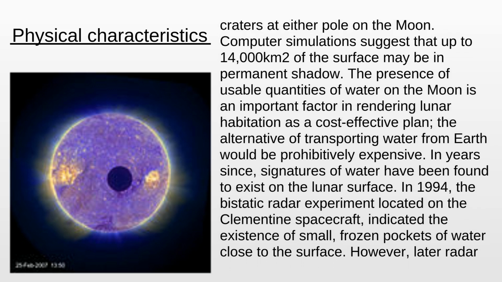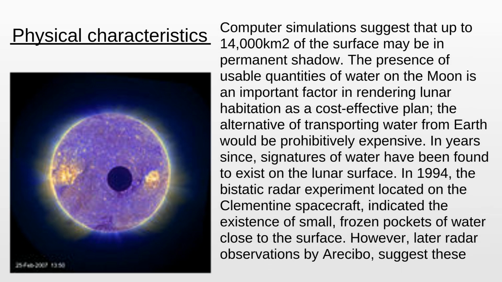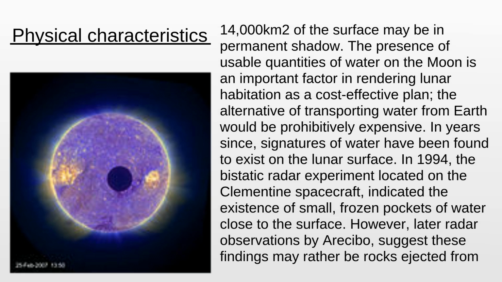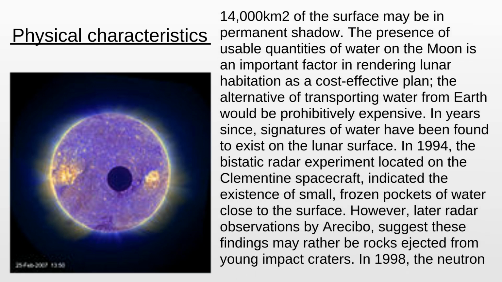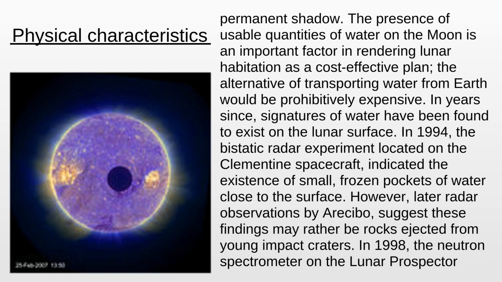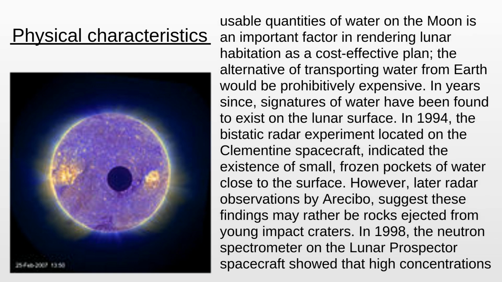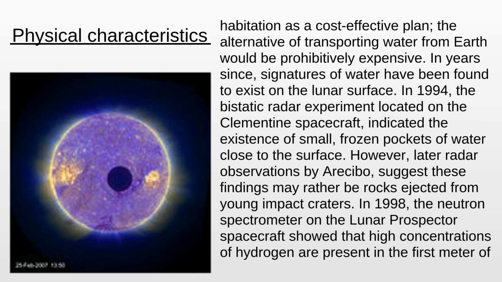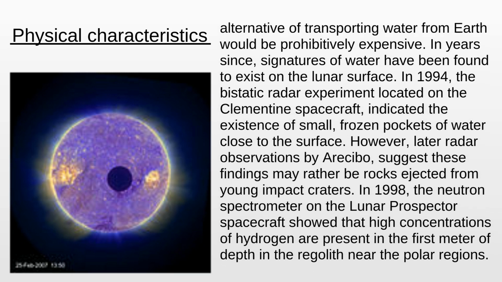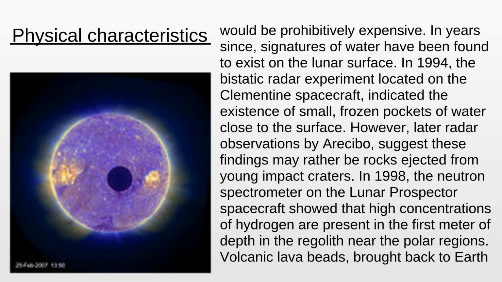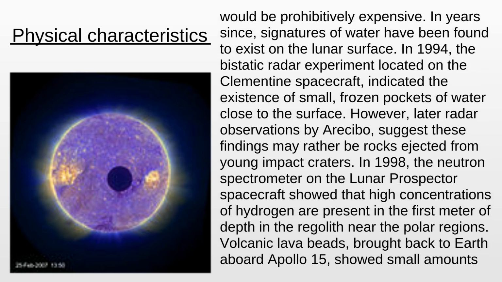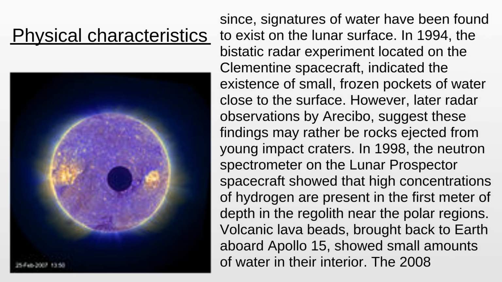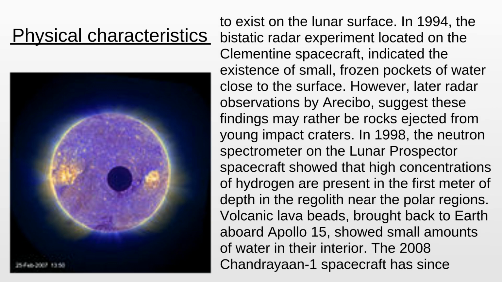The presence of usable quantities of water on the Moon is an important factor in rendering lunar habitation a cost-effective plan. The alternative of transporting water from Earth would be prohibitively expensive. In years since, signatures of water have been found to exist on the lunar surface. In 1994, the bistatic radar experiment located on the Clementine spacecraft indicated the existence of small, frozen pockets of water close to the surface.